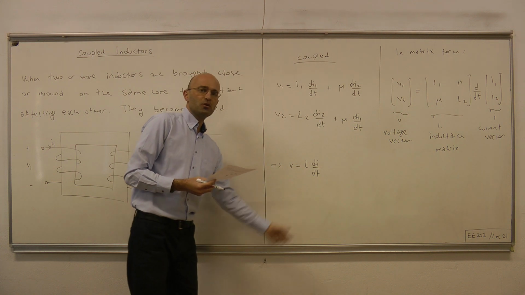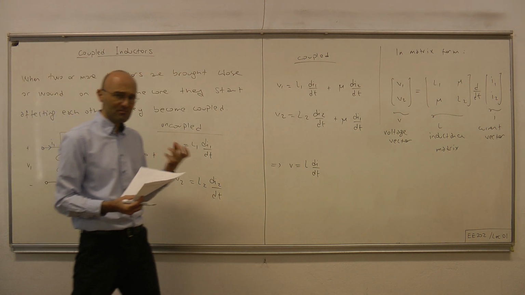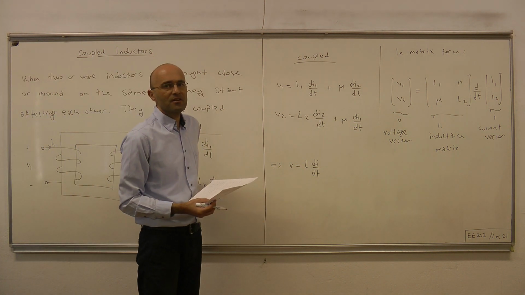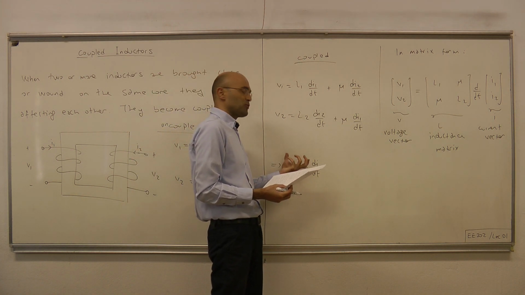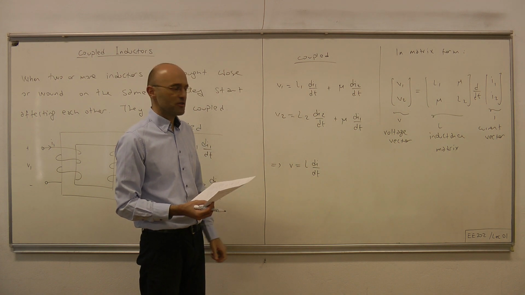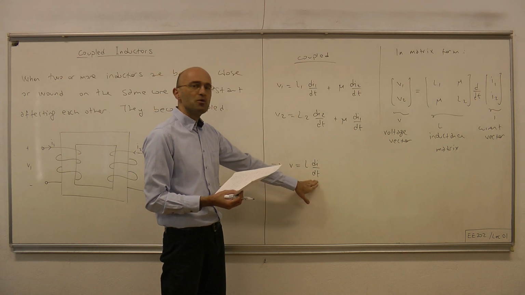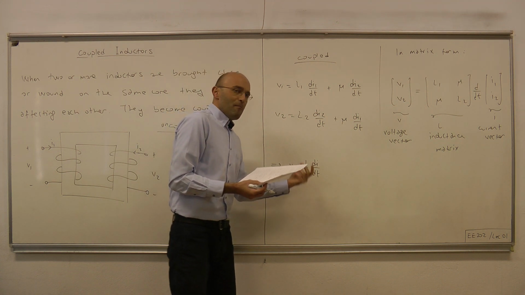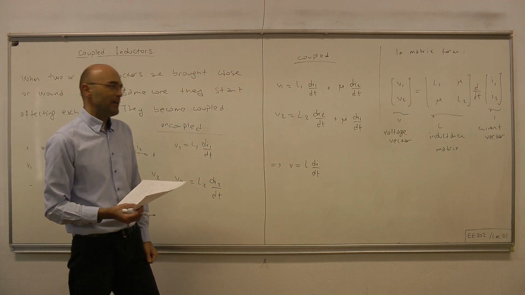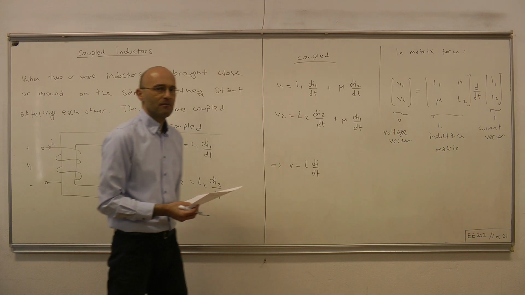Note that this looks exactly the same as the scalar inductor equation, but this time it's expressing a more general situation where this is a vector, this too is a vector of the same size, and here we have a square matrix that relates this vector to that vector.